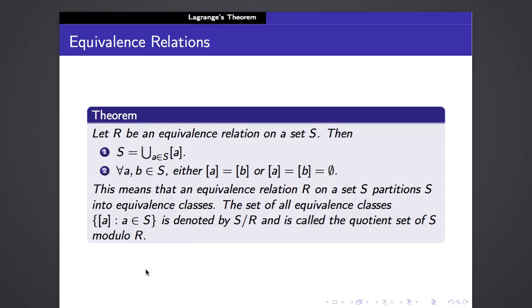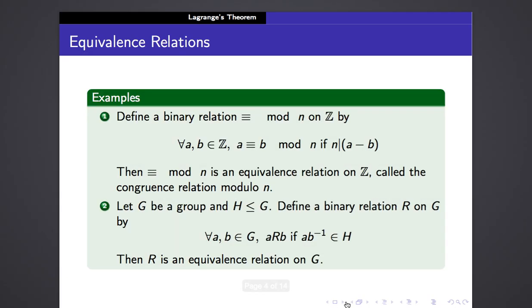Okay, so here's more about equivalence relations. Here's an important theorem. Let R be an equivalence relation on a set S, then, I don't know if this is actually the correct one I'm supposed to talk about.